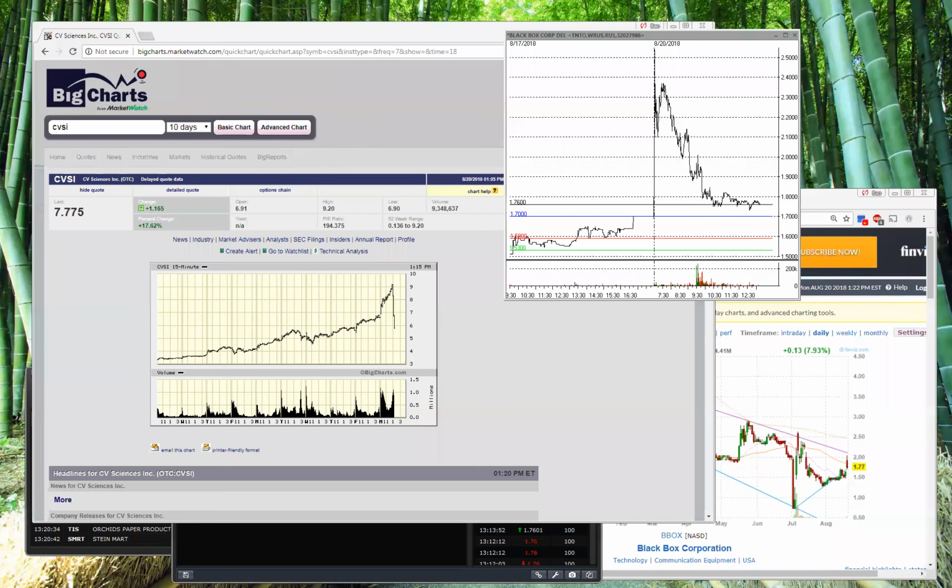Keep going down. I've not entered a single trade. CVSI. Be careful, guys. This is an old bulletin board stock. This is on NASDAQ. If you're wrong, it could be very painful to get out. And that's why it's tanking right now. People are trying to get out and they're stuck, man.